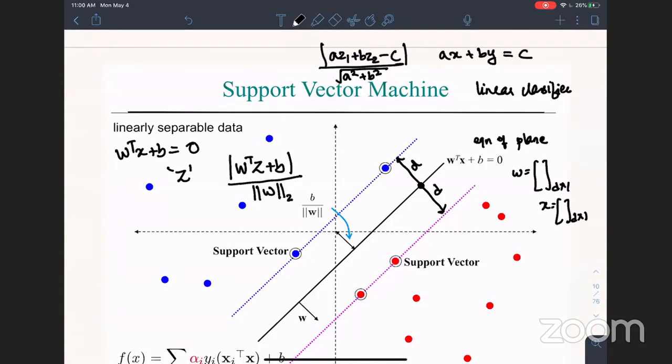In school we learned this structure, which is the same as the matrix vector notation. To find the distance of the origin, Z is 0, so you have this, assuming B is positive, or you can think of the magnitude of B. That is the distance of the origin from that decision surface.